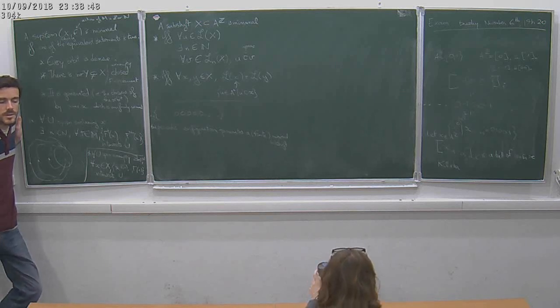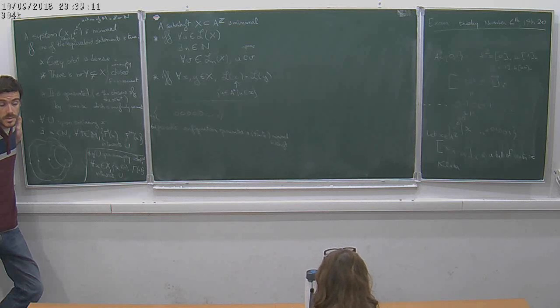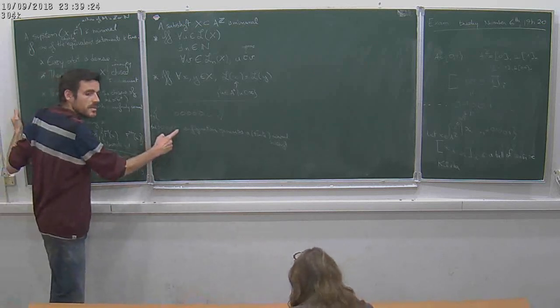And a very basic remark on the graph is that if there is one infinite path, if the subshift is not empty, then there is a cycle. So there is a periodic configuration. And we should have only one cycle, if it's minimal, there is nothing else. So these are the only minimal SFTs.